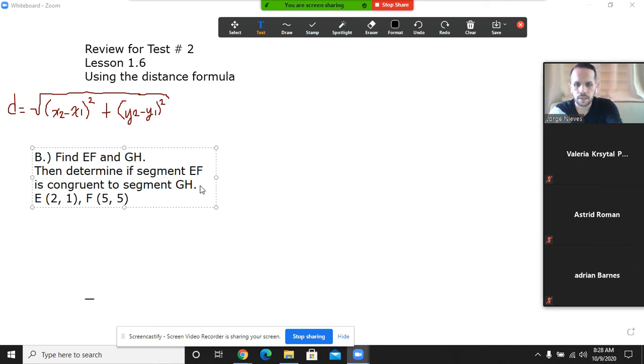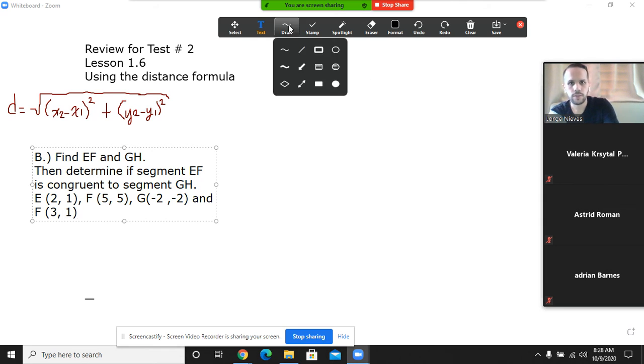G has coordinates of -2 and -2. And H has coordinates of +3 and 1. Okay, so let's do this quick.